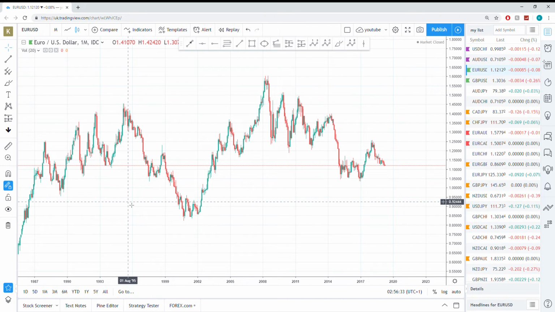So I'm thinking of just doing Euro USD, Pound USD, AUD USD, and one other one, and we'll also do USD JPY as well. But it may fluctuate between the weeks.